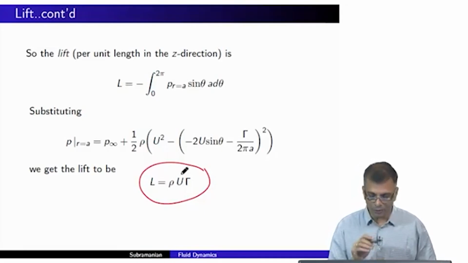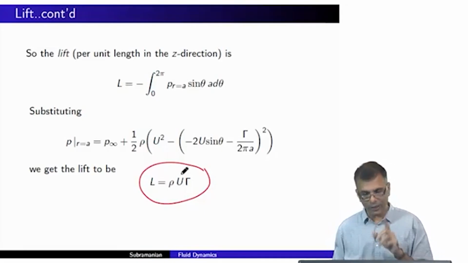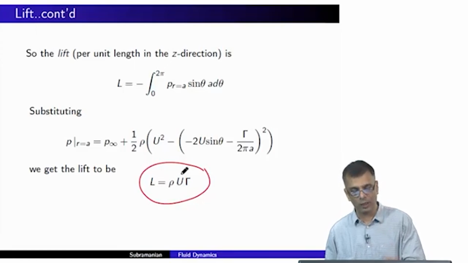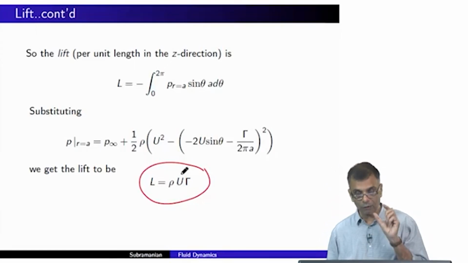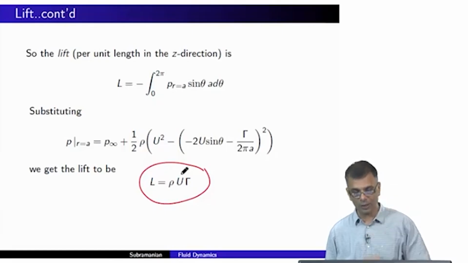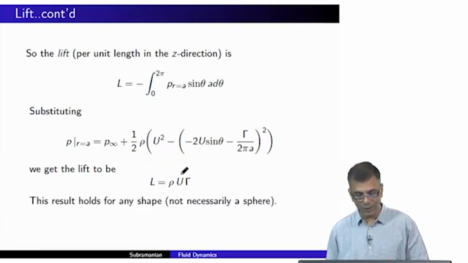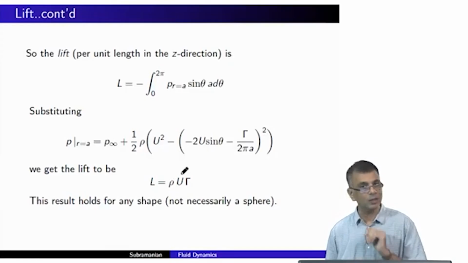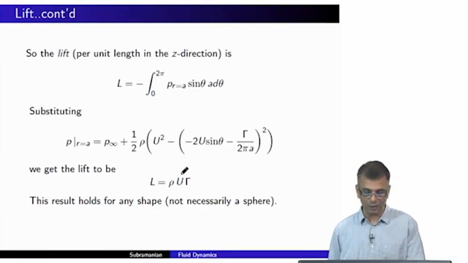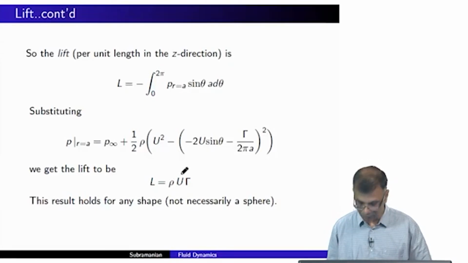Although we have derived this particular result only for a spherically symmetric situation, it turns out that this result actually holds for any shape, not necessarily a sphere. This particular thing I am not going to show you, I am simply stating it.